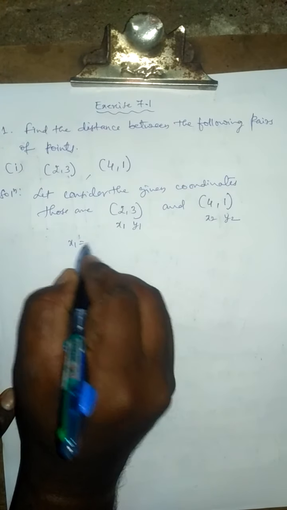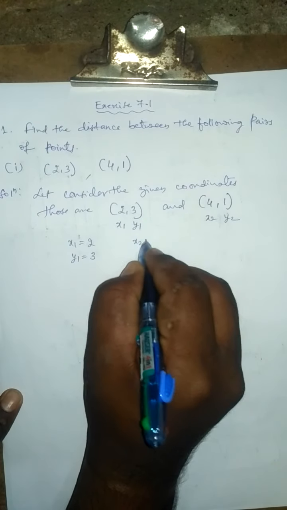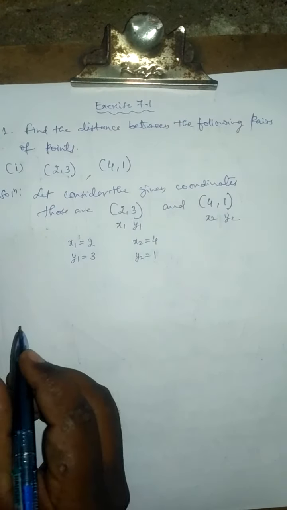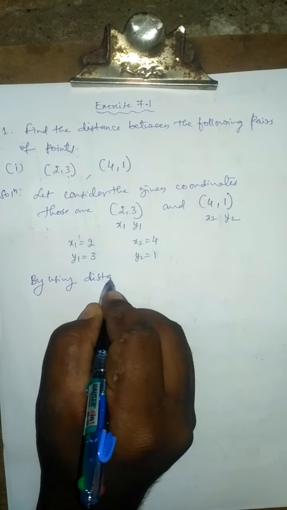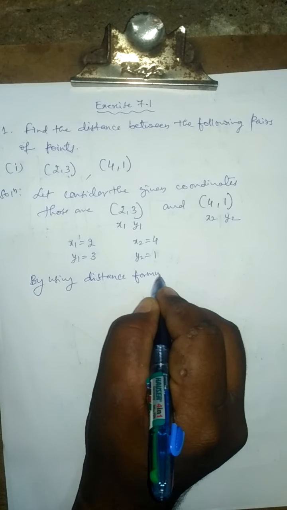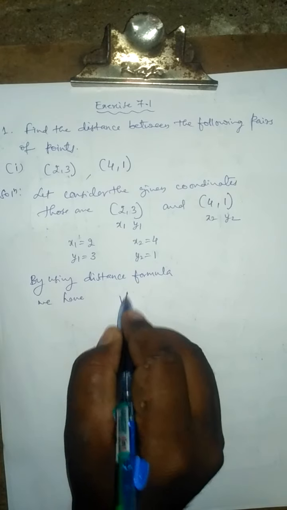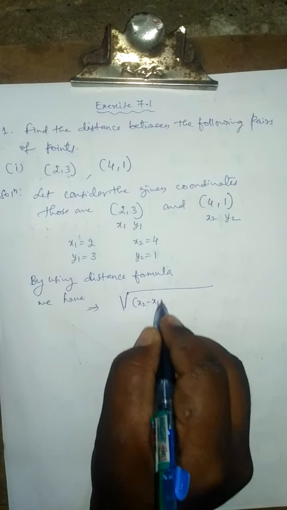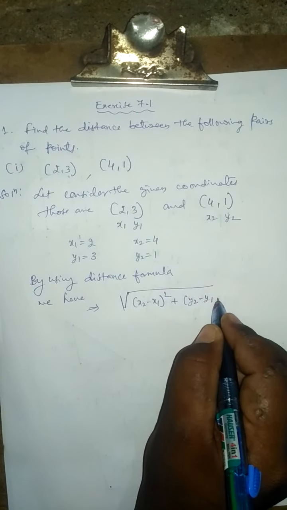So x1 is equal to 2, y1 is equal to 3. Right? x2 that is equal to 4, y2 that is equal to 1. Now how to find out the distance between these 2 coordinates? By using the distance formula. We have under root x2 minus x1 whole square plus y2 minus y1 whole square.